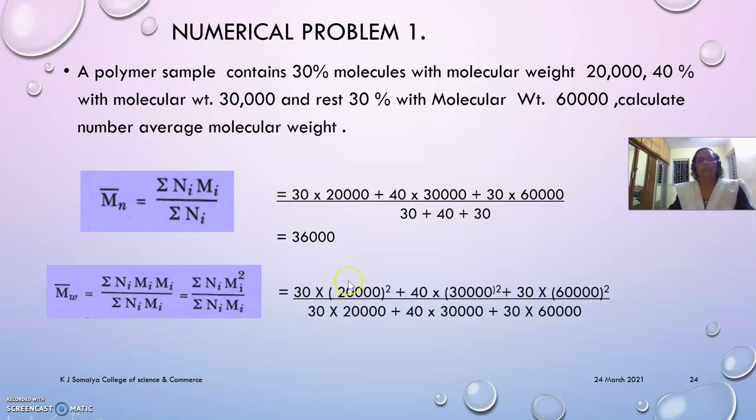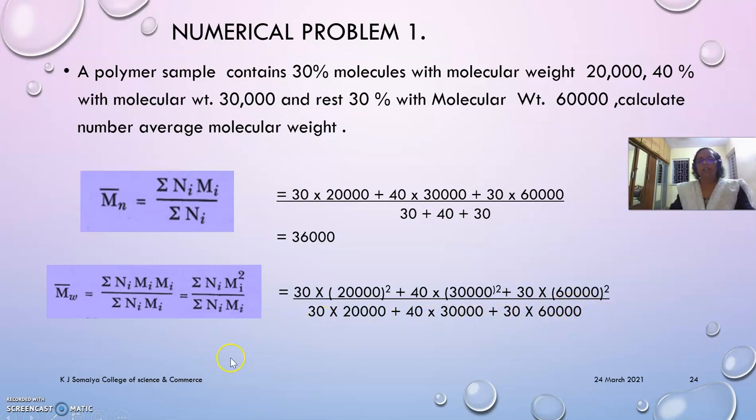Now we will substitute. So on substitution, we get 30 into Mi into Mi, so molecular weight squared: 20,000 squared plus 40 into 30,000 squared plus 30 into 60,000 squared, upon the total weight of the polymer mixture, which is the sum of 30% with 20,000 molecular weight, 40% with 30,000 molecular weight and 30% with 60,000 molecular weight.